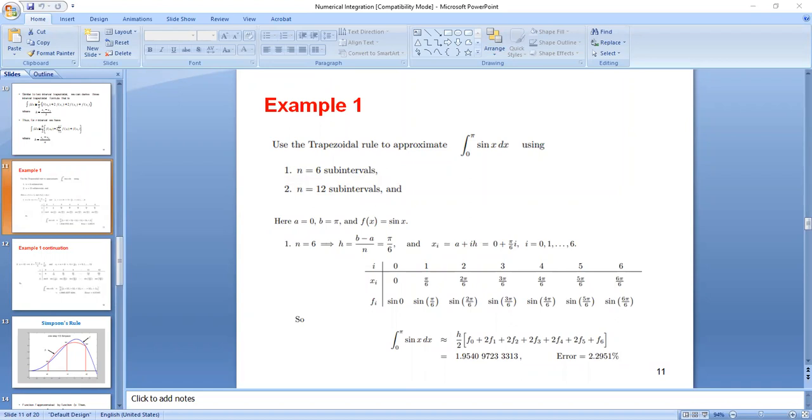Okay, so here as you could see, A is 0, and this is your B.